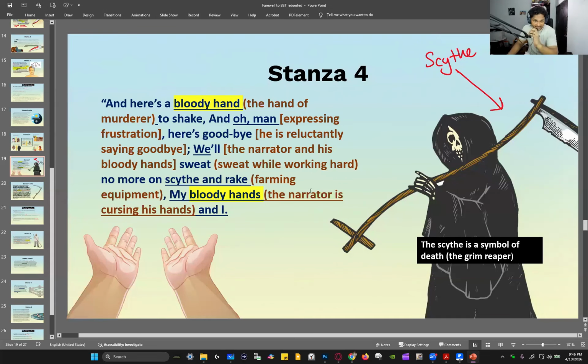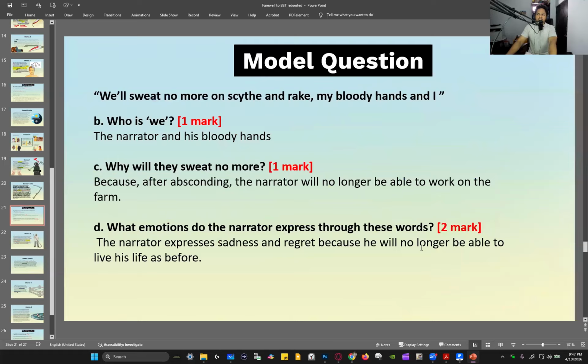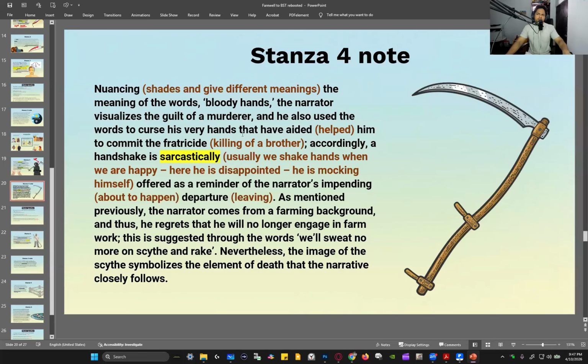So in stanza number 4 and stanza number 5, the narrator talks about the farming background that he is from. Now, does he hate his background, Sadinsa, or does he love this? Is he attached to this farming background?